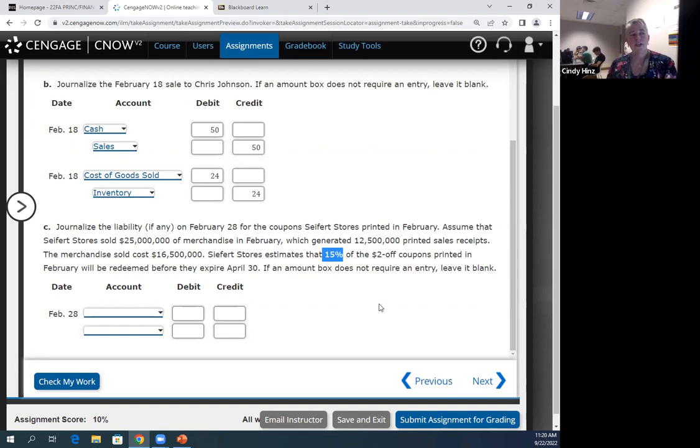So I already suggested if this was in the same accounting period, we wouldn't have to record a liability for them, because by the time the coupons expired, we'd still be in that same year.